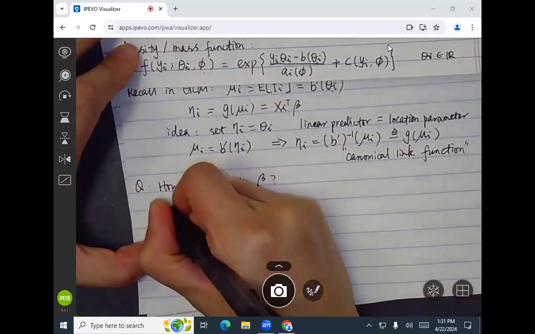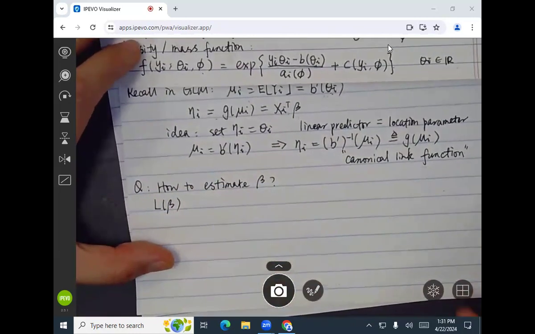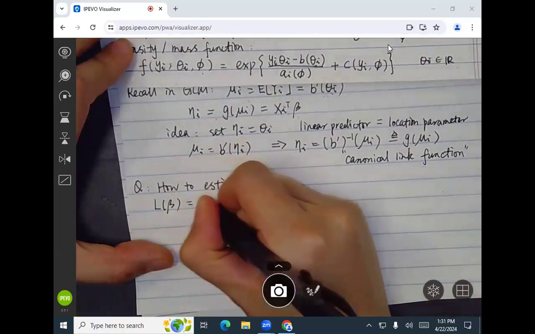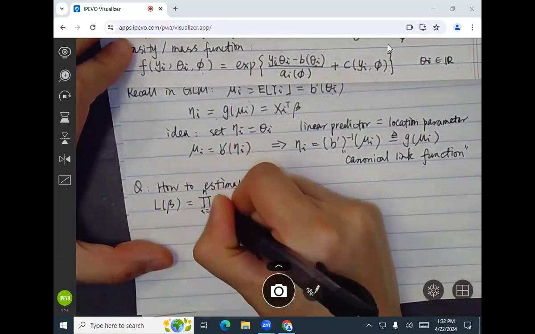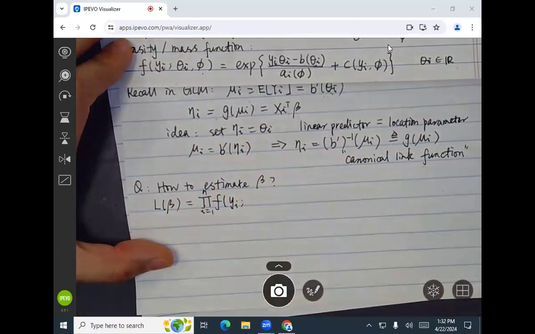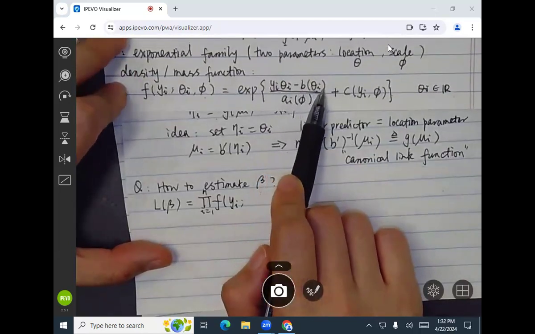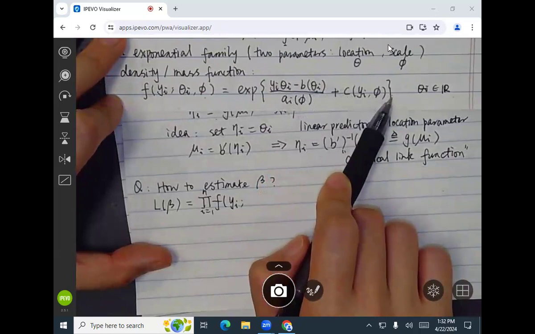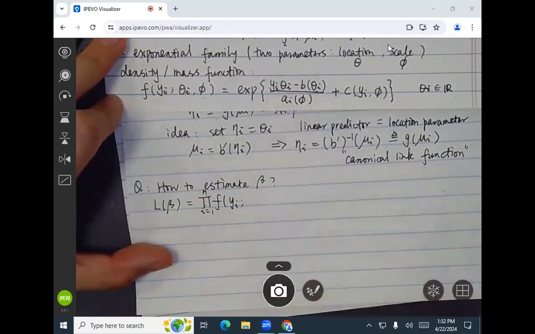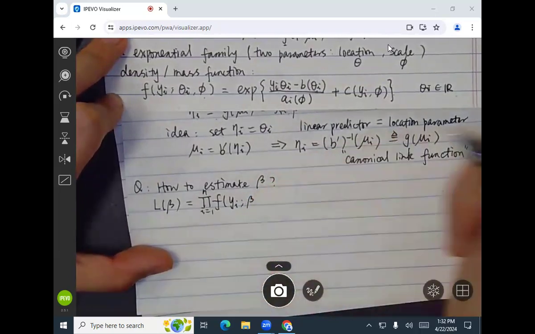The likelihood of beta, we define it as the product from i equals 1 to n of f(y_i). But don't forget that we don't have beta written out here yet. We just have theta i and we have phi. But finally, we want to express it in terms of beta. So maybe I'll just put beta here.